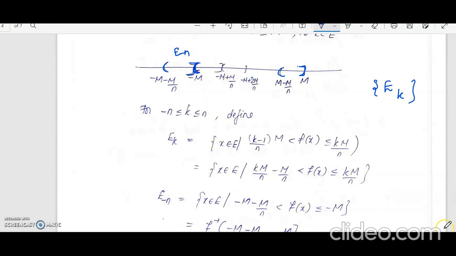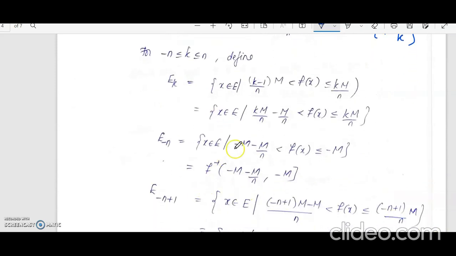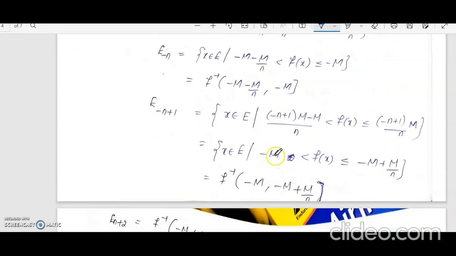Then E minus n plus 1 will be, so here, -m to, so minus m < f(x) < (k)m/n.